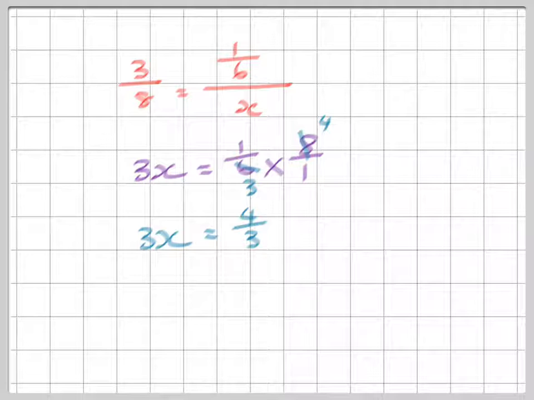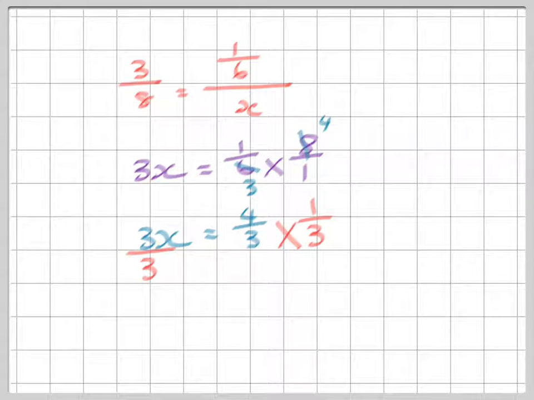Now our next job is to isolate x. We don't want 3x, we want x. So we're going to do that by dividing by 3 on this side. And because we're going to divide by 3 on this side, it means we're going to invert it and times it by 1 over 3, because that's the inverse for divide. Times by 1 over 3.